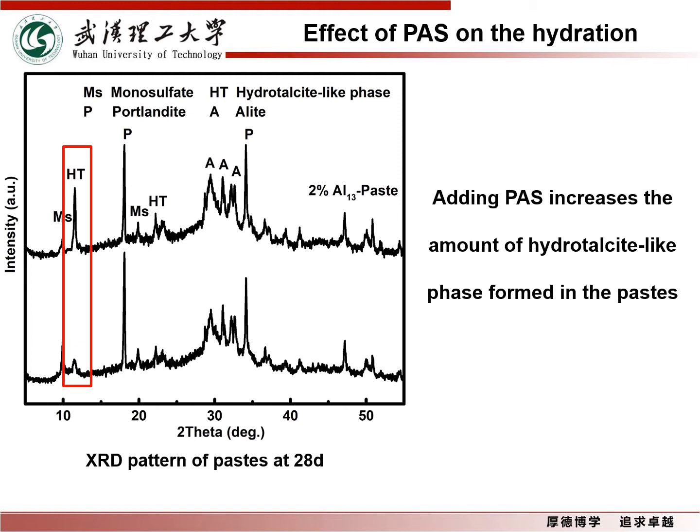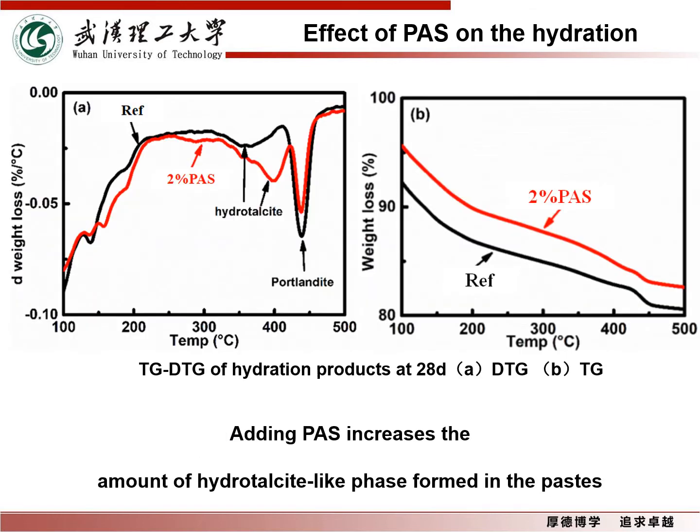Adding PAS increases the relative intensity of characteristic peaks of the hydrotalcite-like phase. TG and DTG analysis quantitatively reveals the amount of hydration products formed in the paste.